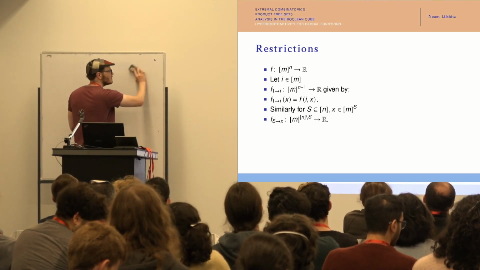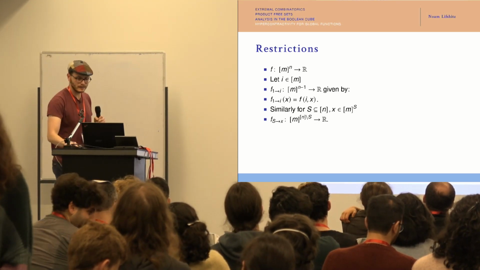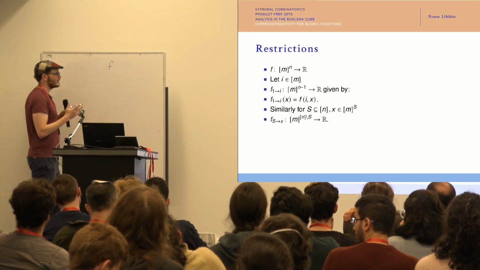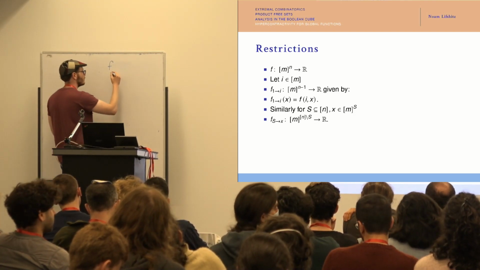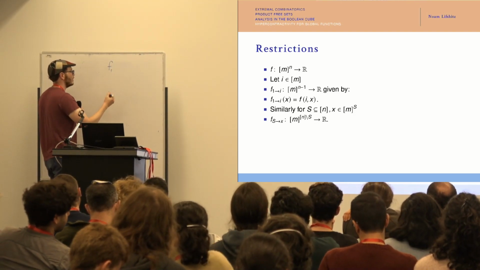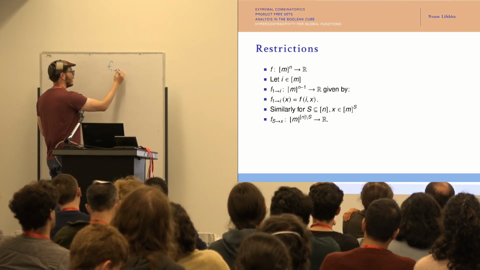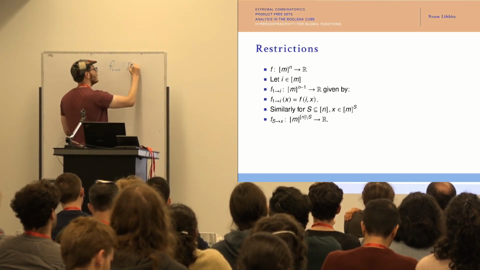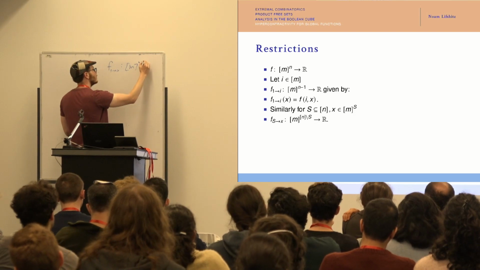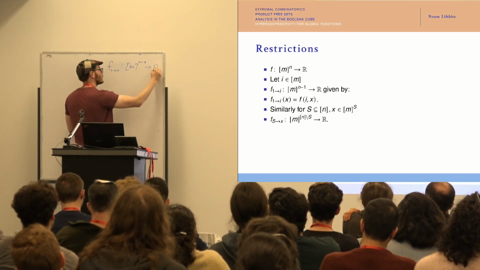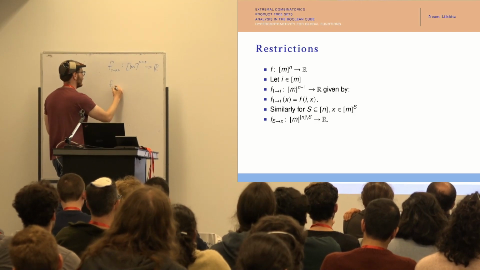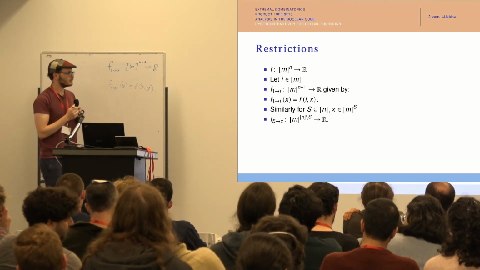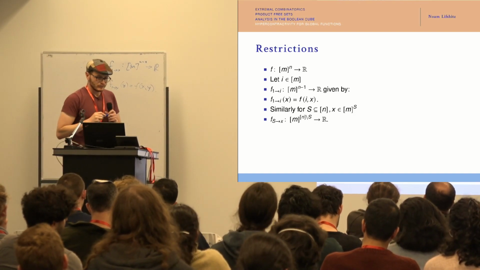This definition here is a bit messy. Basically, you have a function, and you can restrict it inside the dictator. So you can look at the first coordinate and put x, let's say, in the first coordinate, and get a function on the rest of the coordinates, by letting f_{1→x}(y) be f(x,y).